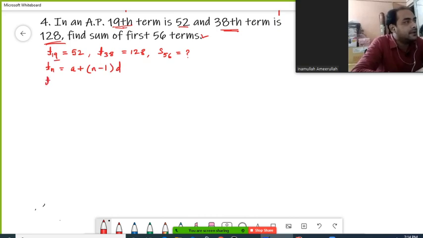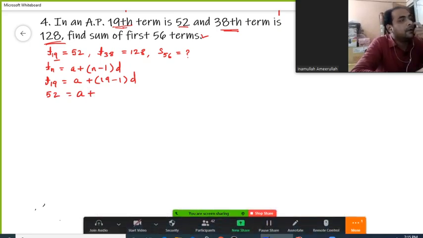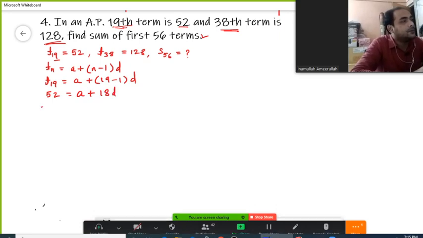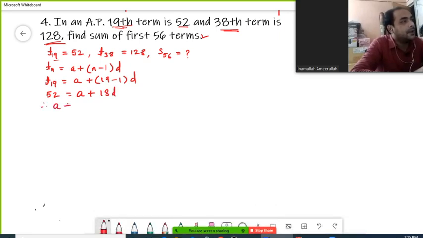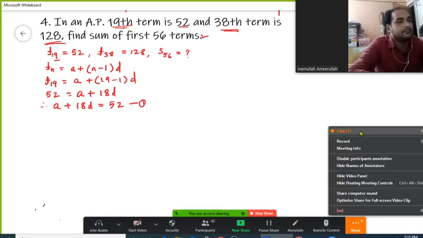So here I'll take T19, A plus 19 minus 1 into D. And T19 is 52, so here you can take 52, A plus 19 minus 1, that is 18D. Therefore, A plus 18D is 52. This is my equation number 1.